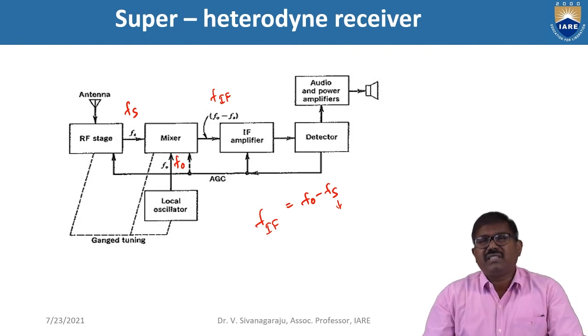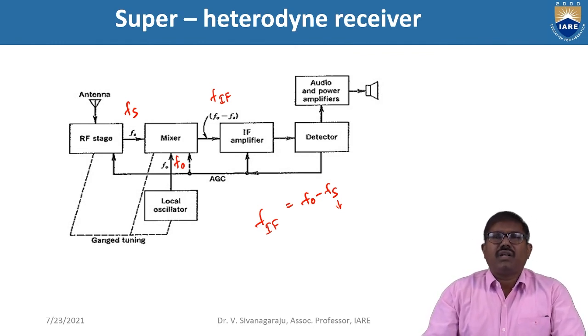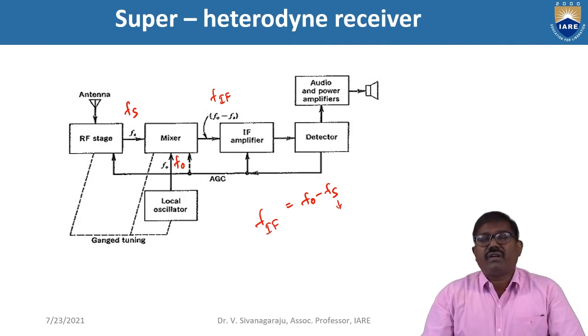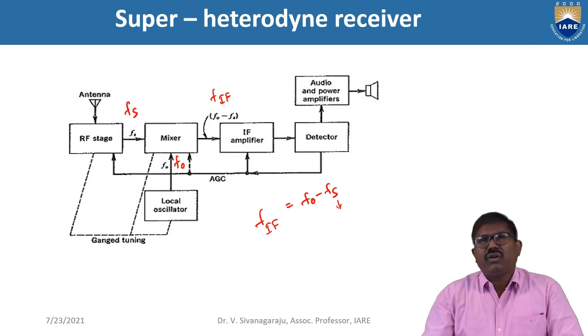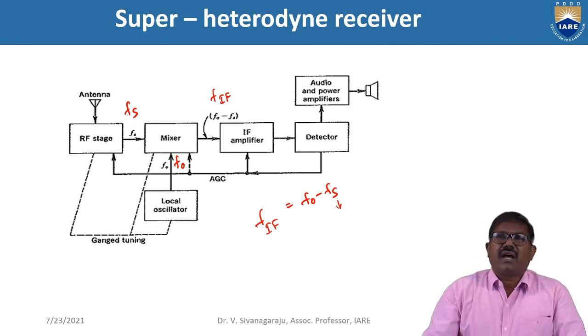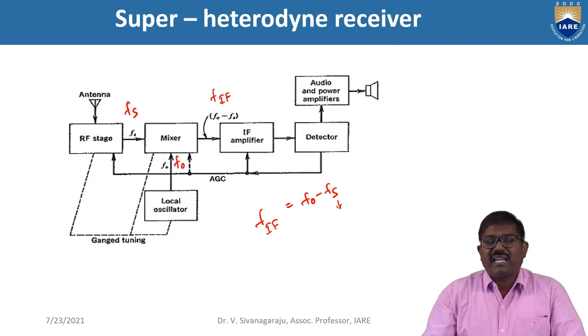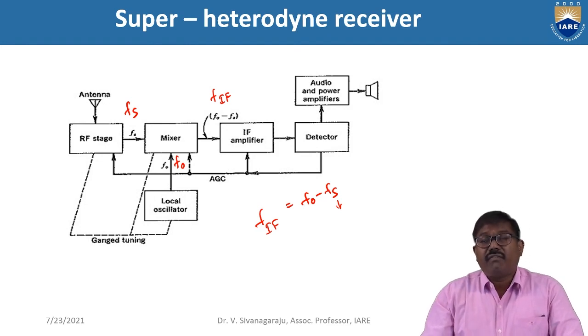Because the mixer has this local oscillator, which produces the F0 frequency. In the mixer, F0 mixes with the signal frequency, and we get F0 minus Fs, the fixed intermediate frequency FIF.